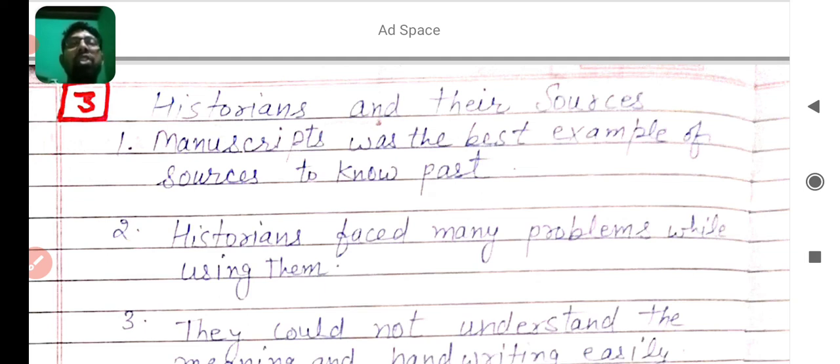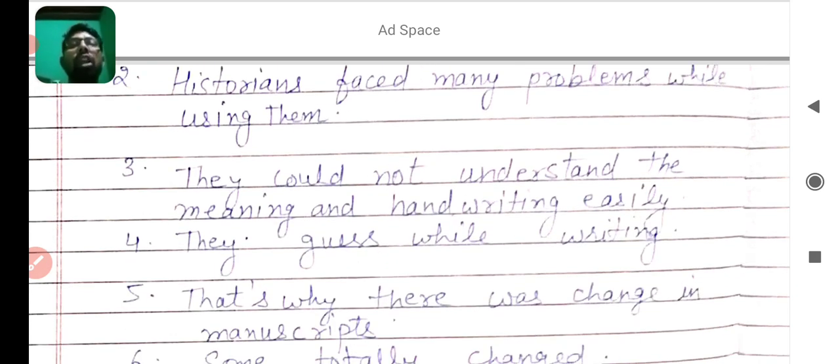Historians use sources, and the best example of a source is manuscripts. Manuscripts were the best example of a source to know the past. But there were many problems regarding the use of manuscripts by historians. Historians faced many problems while using them. They could not understand the meaning and handwriting easily because they were written by various people.